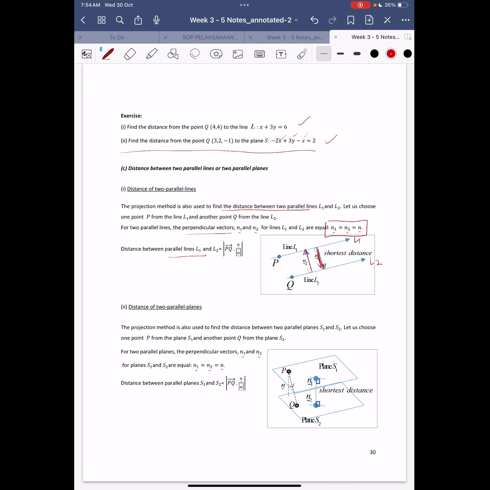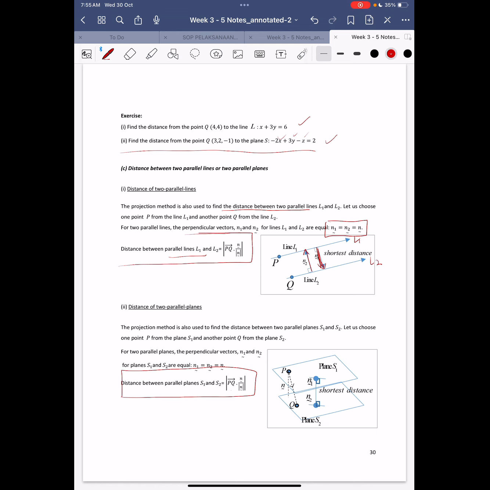Same goes with the plane. Now instead of two lines parallel to each other, you have planes parallel to each other. So the shortest distance is PQ dot the unit normal vector, as shown here.